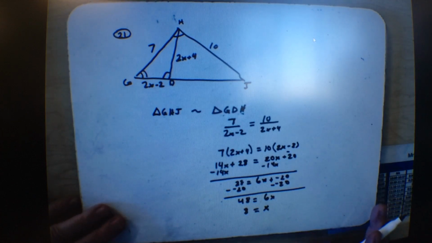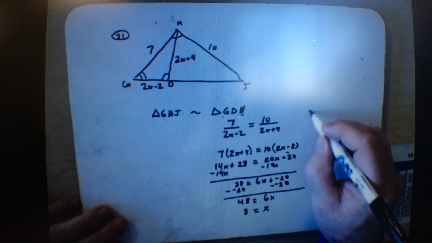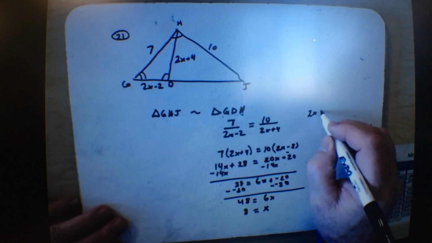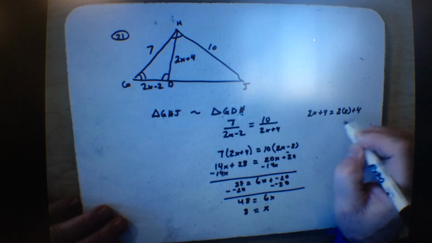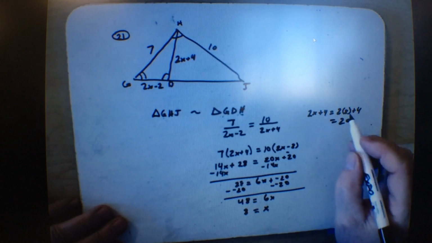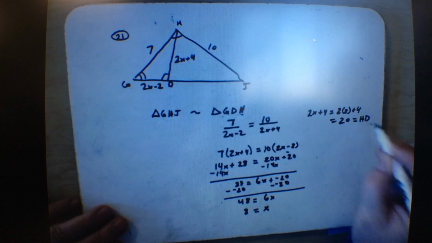The next question says find the unknown value. So I go back up into it and I say 2x plus 4 is really 2 times 8 plus 4, which is 16 plus 4, which is 20. And this gives me HD. This is the length of HD.